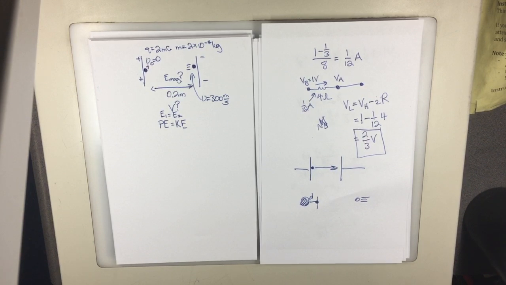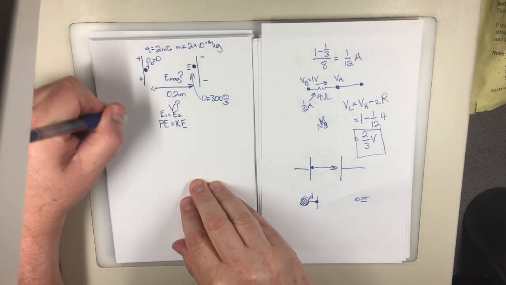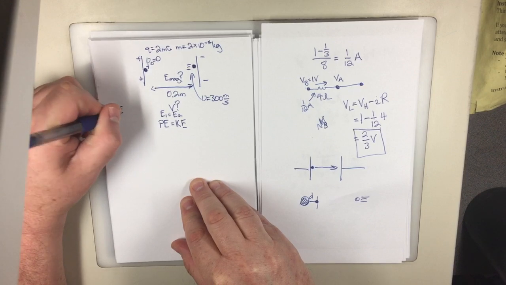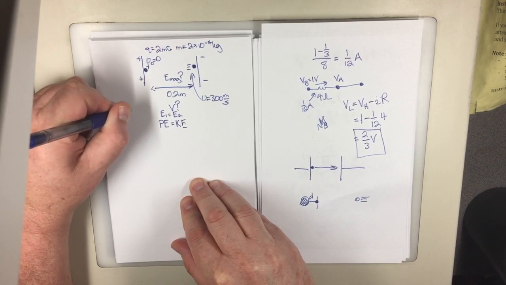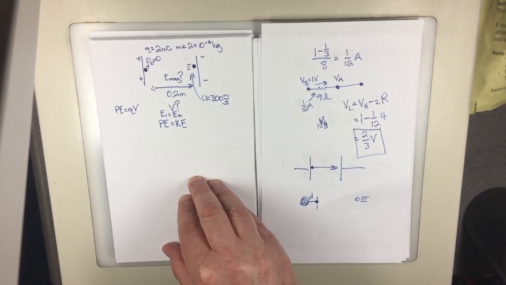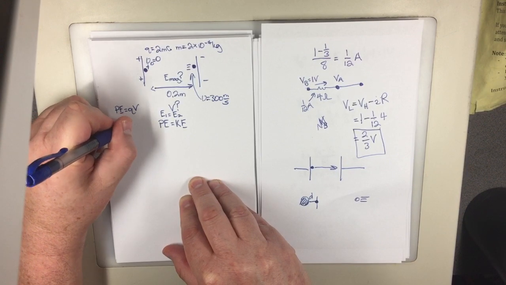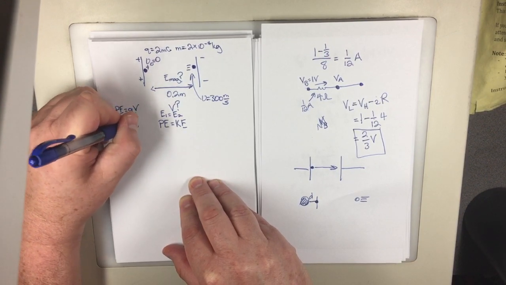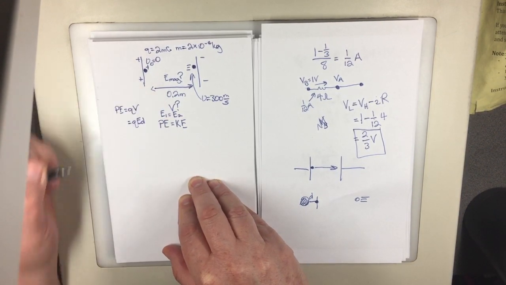The potential energy can be described as equal to either QV, or potential difference, you could say Q delta V. Either one is fine. And then V is ED.